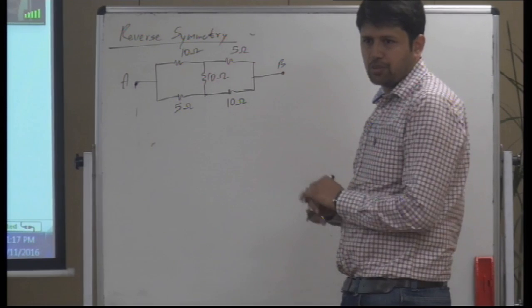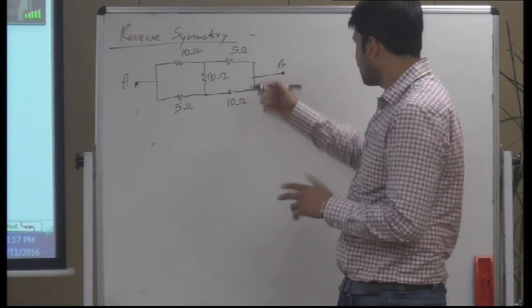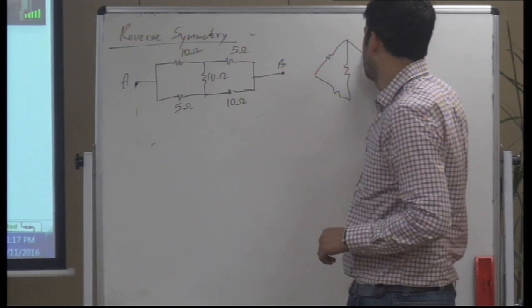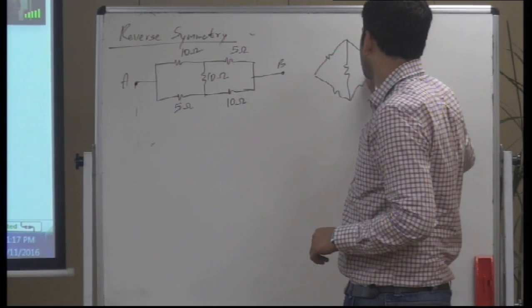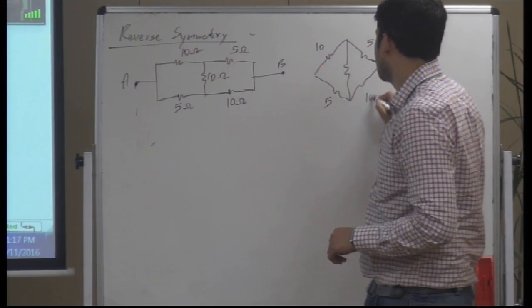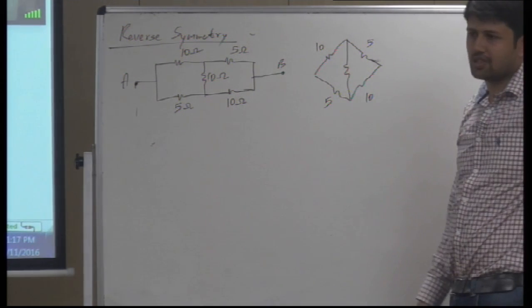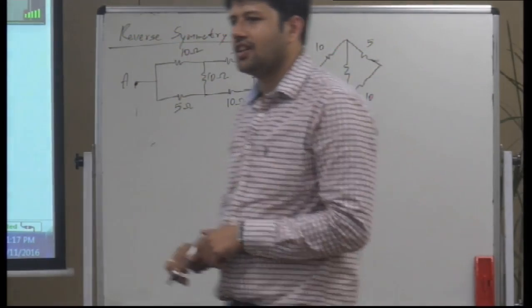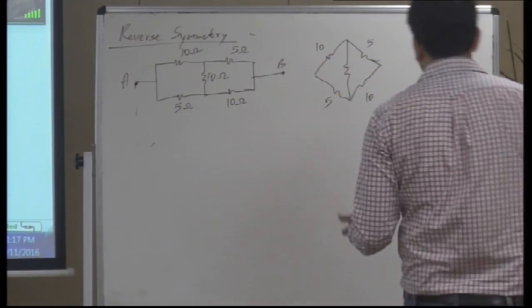If you draw it like this, this is 10, 5 and 5, 10. The ratio is not the same. So it's not a balanced Wheatstone bridge, and so the principle is meaningless for us.